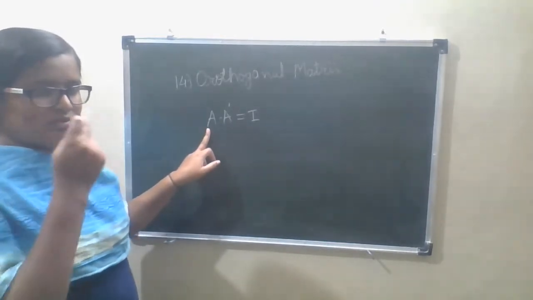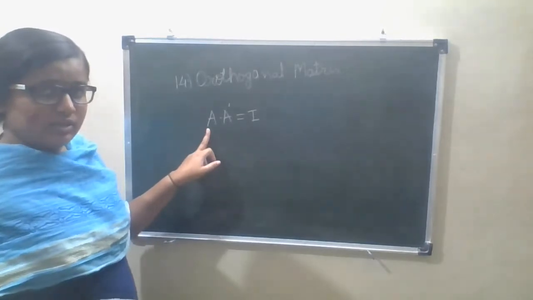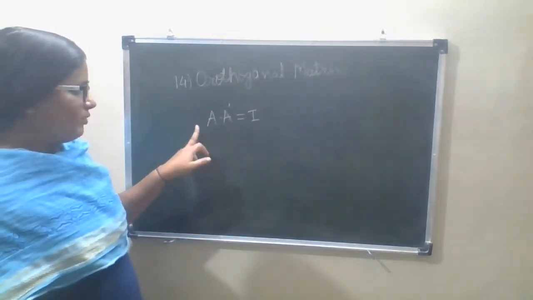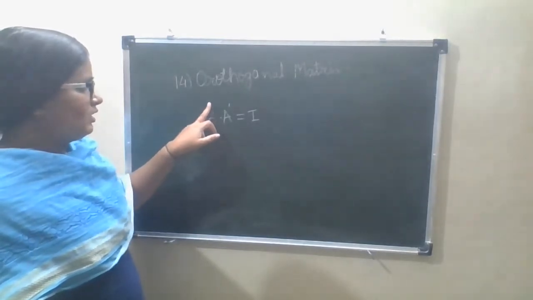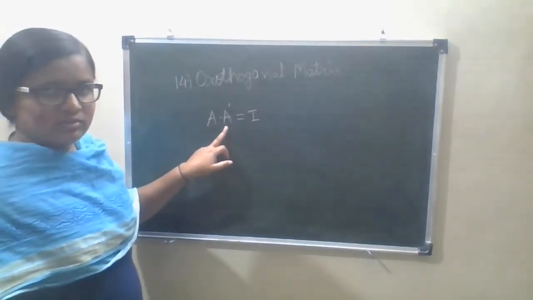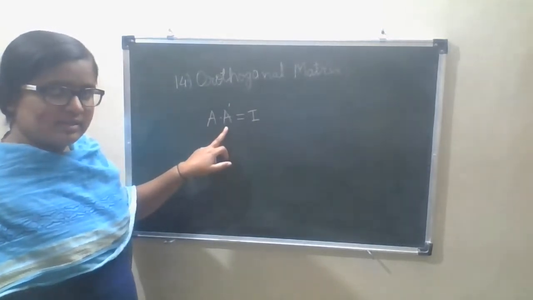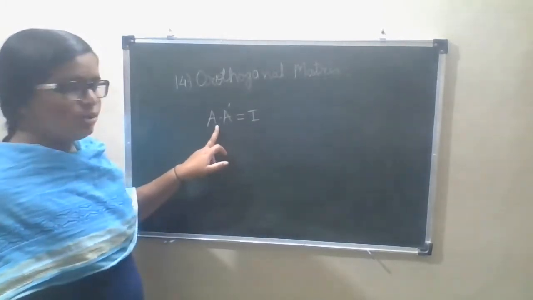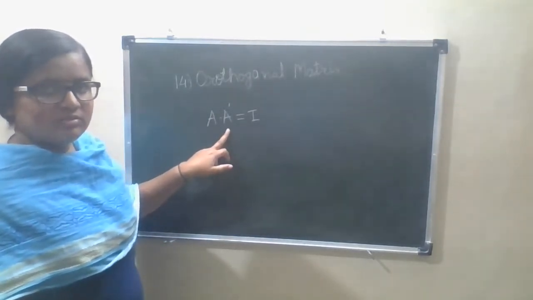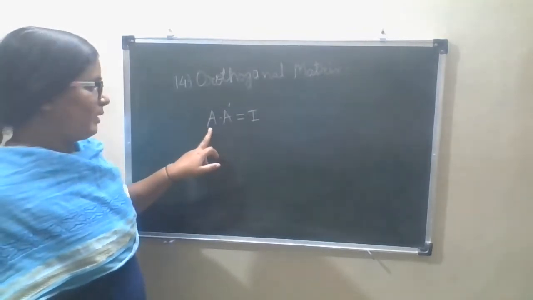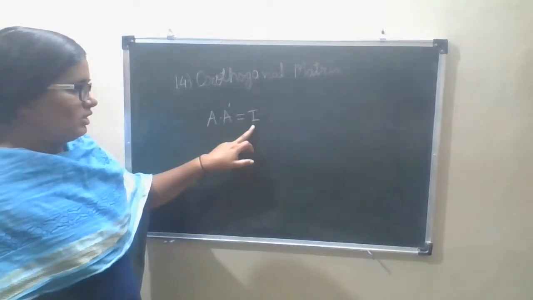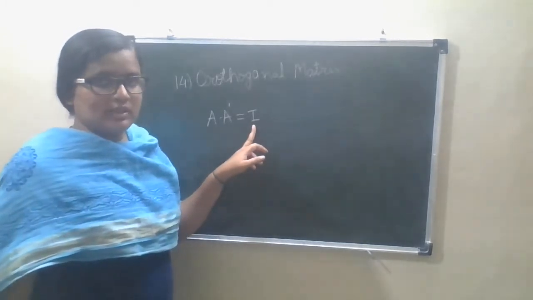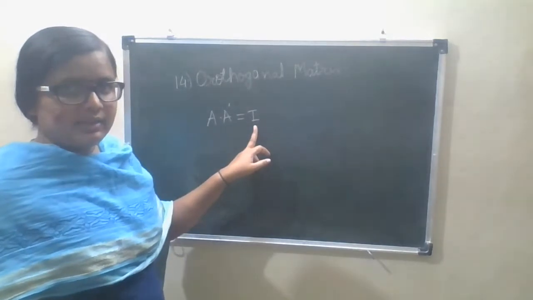From the start, first we are taking a matrix and taking the transpose of this matrix, and second we are multiplying both of them. Then whatever the answer is coming, we are verifying whether that is an identity matrix or not.